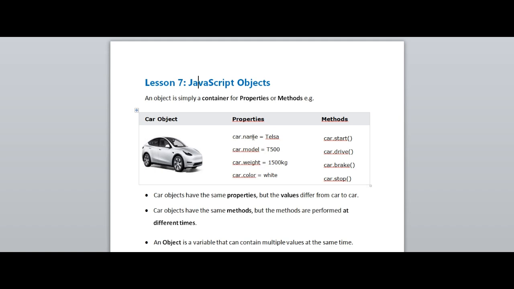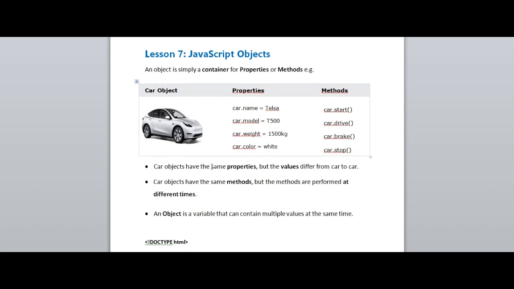These are all under the properties of the car, which can be any car. Then the methods: every car can start, every car can be driven, every car has a brake, every car can stop. These are methods.